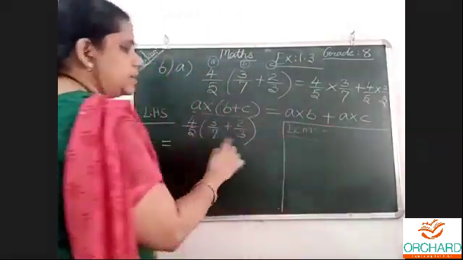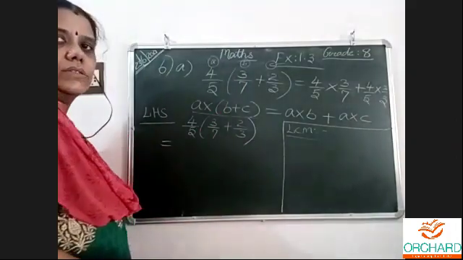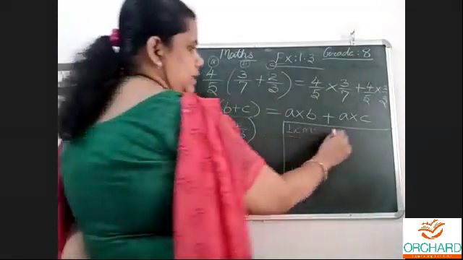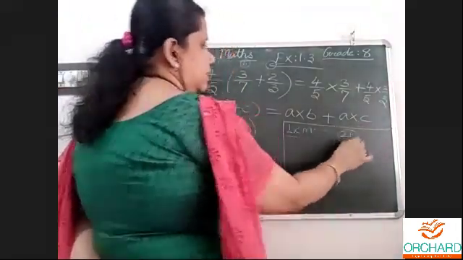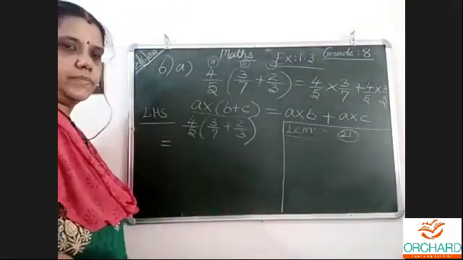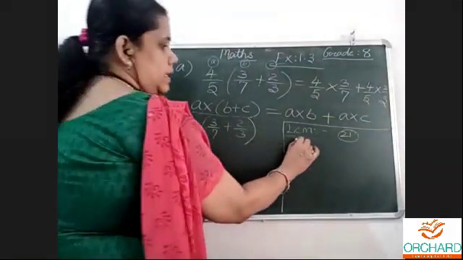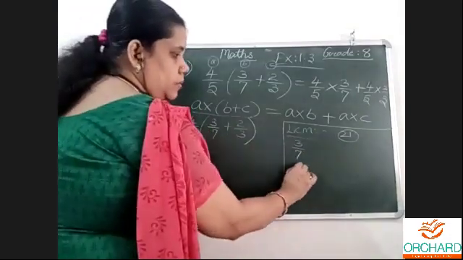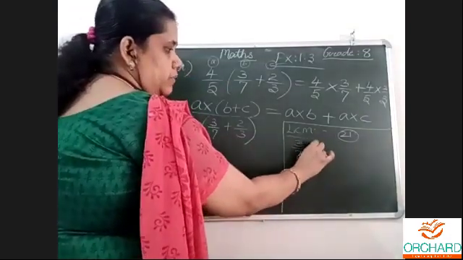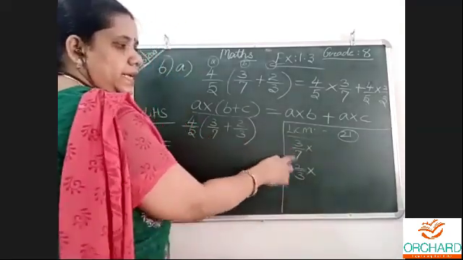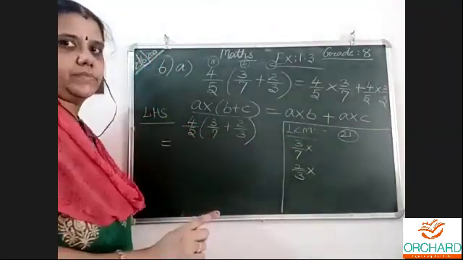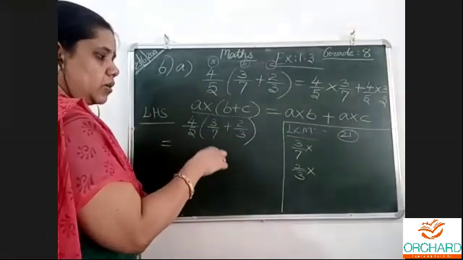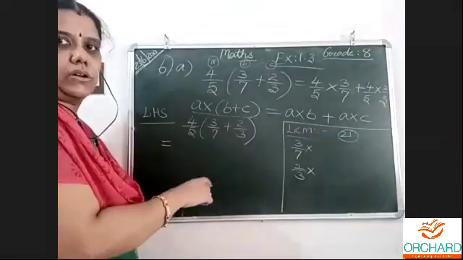LCM of the denominators 7 and 3: 7 3s are 21. This is my LCM. First number 3 by 7, second number 2 by 3. I want the denominator as LCM, because I want a common denominator, then only I can solve.